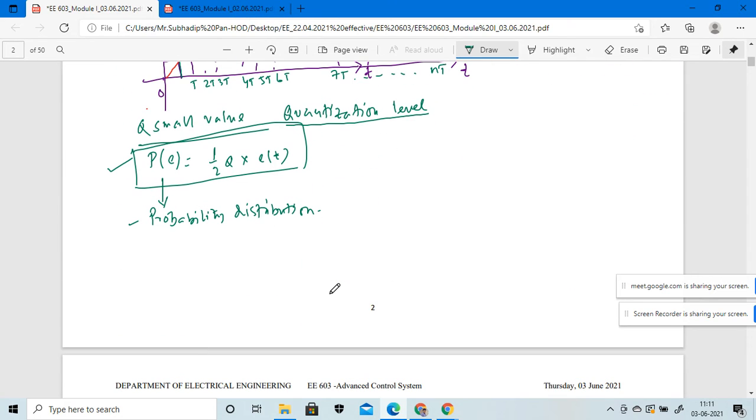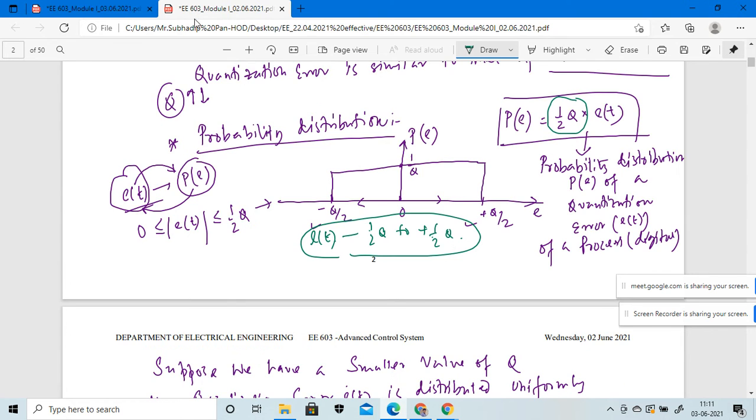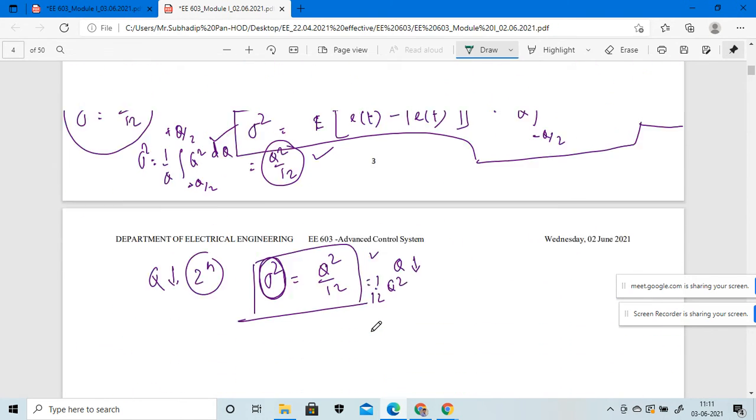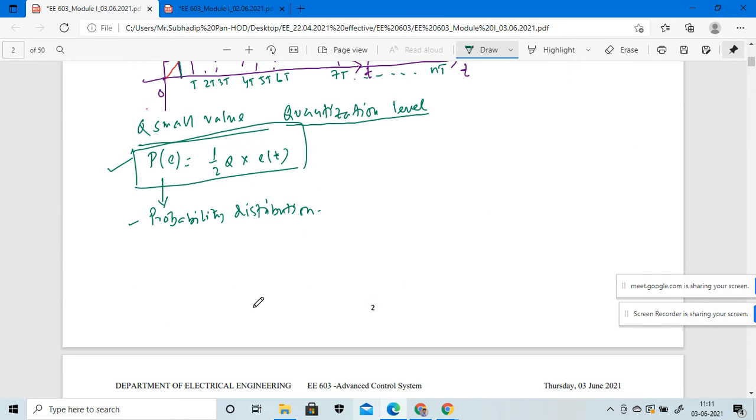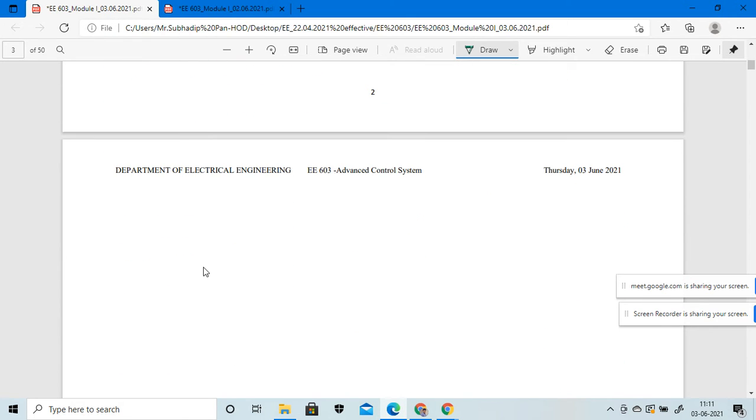In this particular case, we will discuss that part later, at the end of the session. That will be my quantization noise, which will be defined as tau square. So the quantization noise will also be termed tau square.